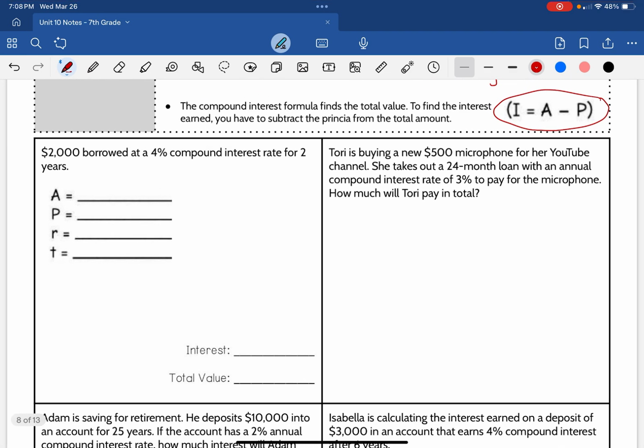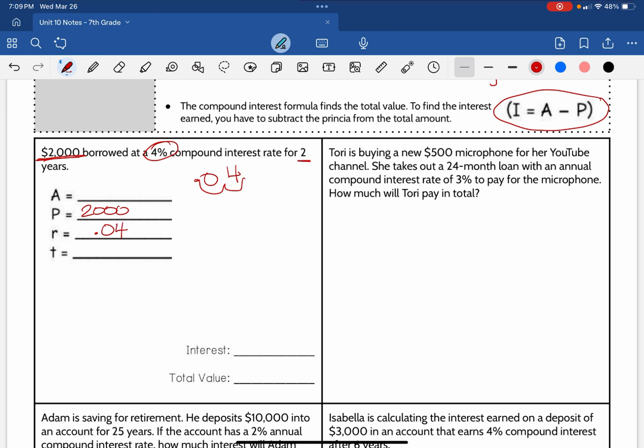Okay, let's look at this first one. $2,000 borrowed at a 4% compound interest rate for 2 years. So they originally borrowed $2,000. That's going to be my principal because that's what I originally borrowed. The rate at which I borrowed it was 4%. I have to turn that into a decimal. Move that 2 places, 0.04.